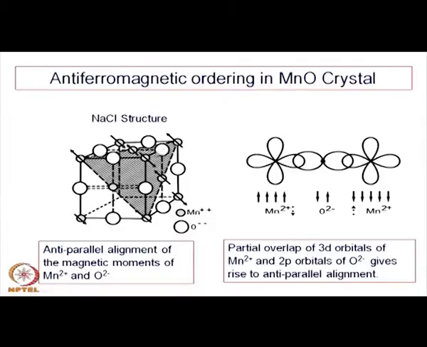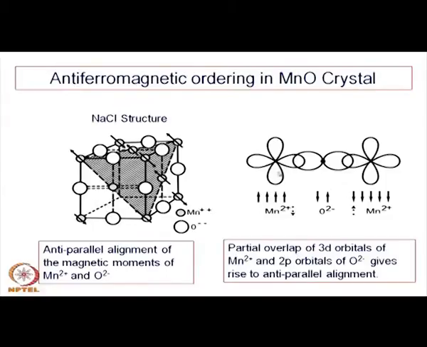Because of this overlap, this one is directed towards the front, whereas this one is directed towards the back. So, all this particular set of Mn2 plus ions, alternate ones are directed in different directions.